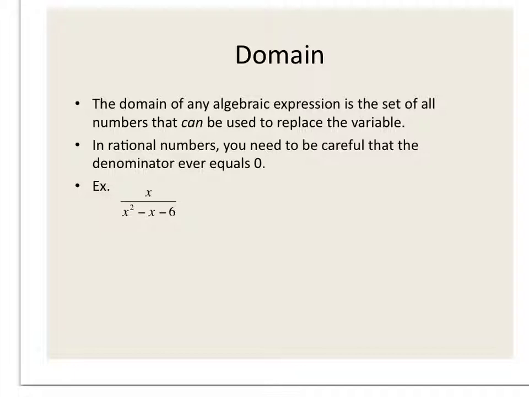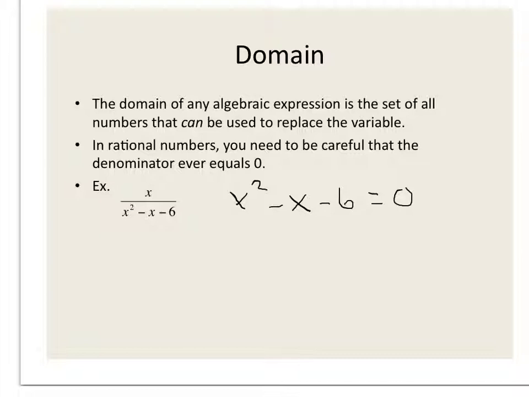So for this problem, we're going to do x squared minus x minus 6 equals 0. If we can solve for that problem, we're going to discover what values x can't be. The way we solve a quadratic equation is by factoring. I'm not going to take too long to review factoring here because you learned that in the last class.